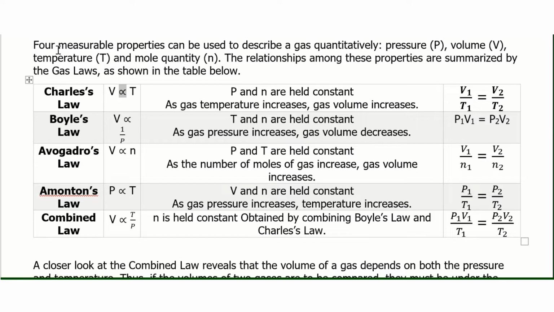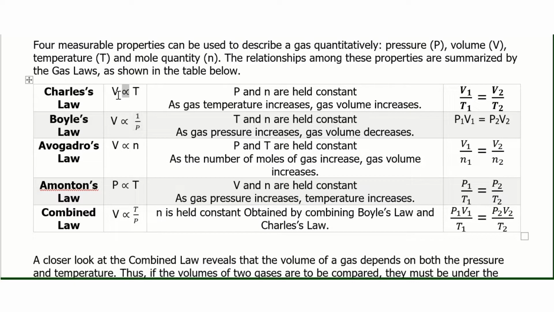It just means that whatever is on each side is proportionate to the other. Now, depending on whether it's a fraction or just a regular value, that tells you when something is indirectly proportionate or directly proportionate.